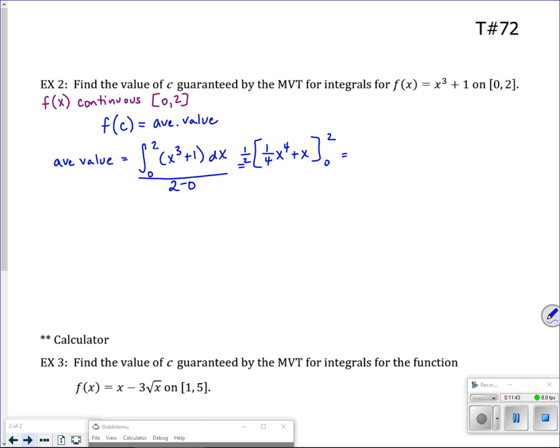So what do I have? I have 1/2. If I plug in 2, 2 to the 4th is 16. 16 divided by 4 is 4, plus 2.